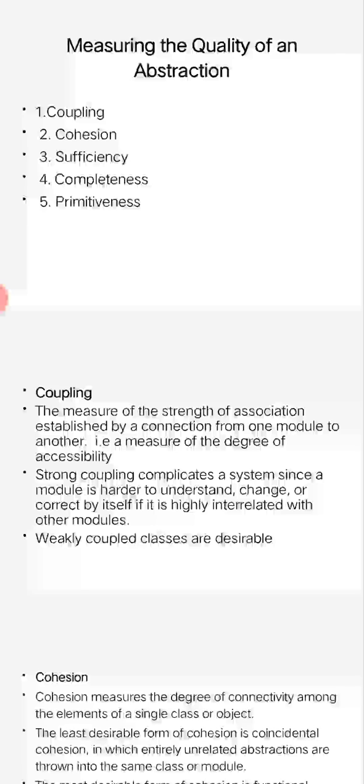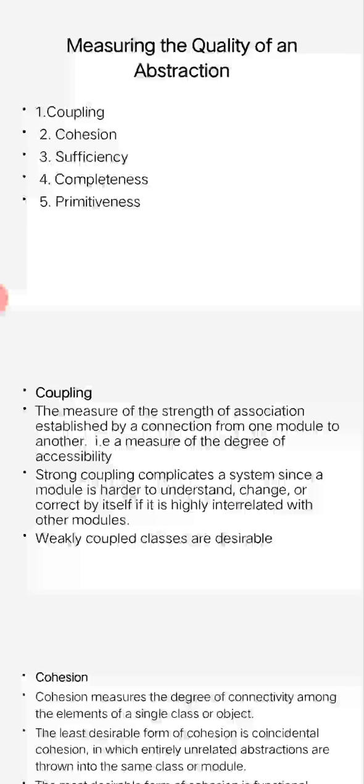In coupling, we have to identify the degree of accessibility, what amount of accessibility there is for accessing a module. For that purpose we have to identify how much strength of relationship there is between modules.